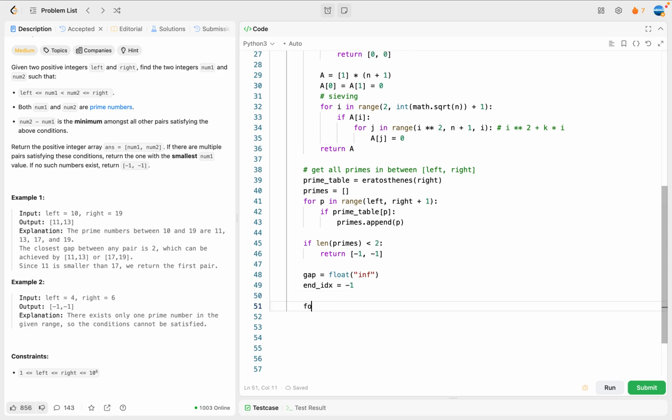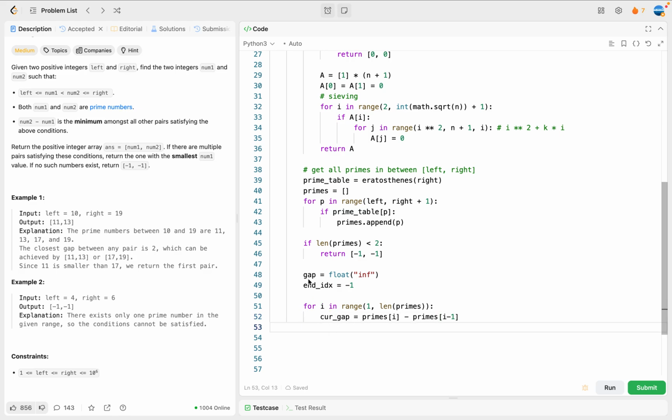And then what I'm going to do is for i in range, starting from 1, so that I can look at the previous one, and ending at the length, let's say n, length of primes. So then the current gap would be primes i minus primes i minus 1, right?